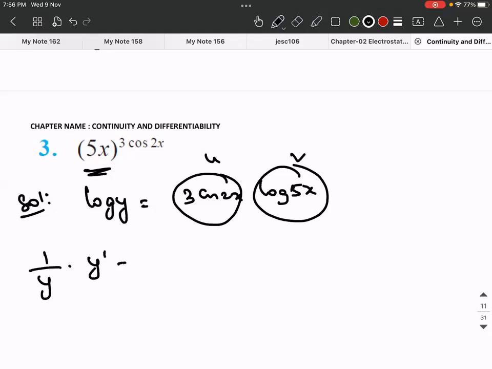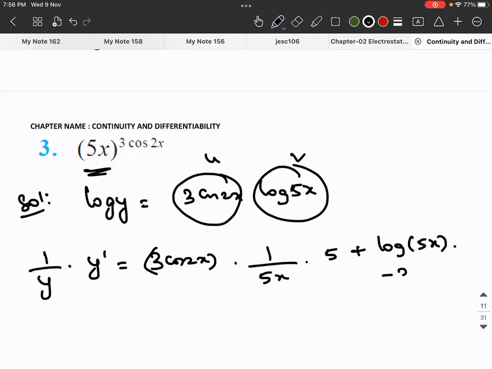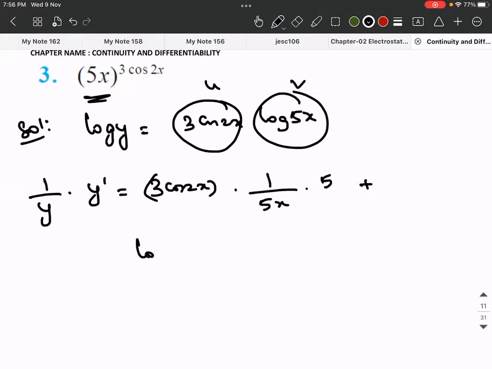1 by y into y dash is equal to 3 cos 2x into derivative of log 5x, which is 1 by 5x into derivative of 5x, which is 5, plus log 5x into the derivative of 3 cos 2x, which is 3 into minus 2 sine 2x.